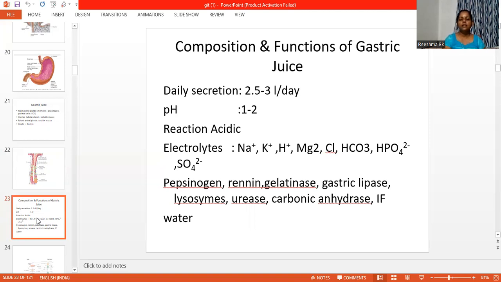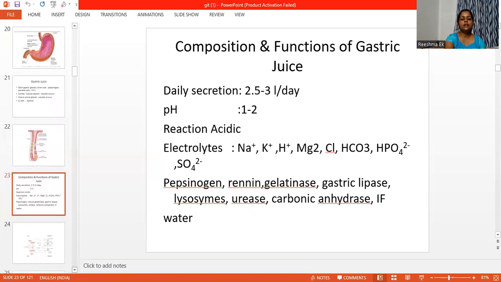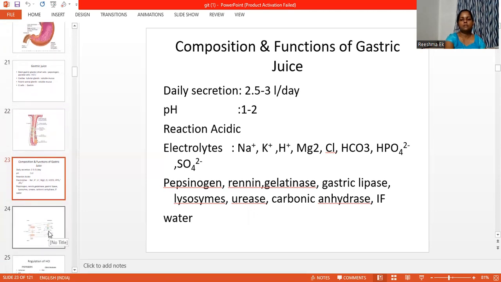Then it contains electrolytes like sodium ions, potassium ions, H plus, Mg2 plus, Cl minus, HCO3 minus ions, hydrogen phosphate, sulfate ions, etc. And it also contains pepsinogen, renin, gelatinase, gastric lipase, lysozyme, urease, carbonic anhydrase, intrinsic factor, and water. These are the various components present in the gastric juice.